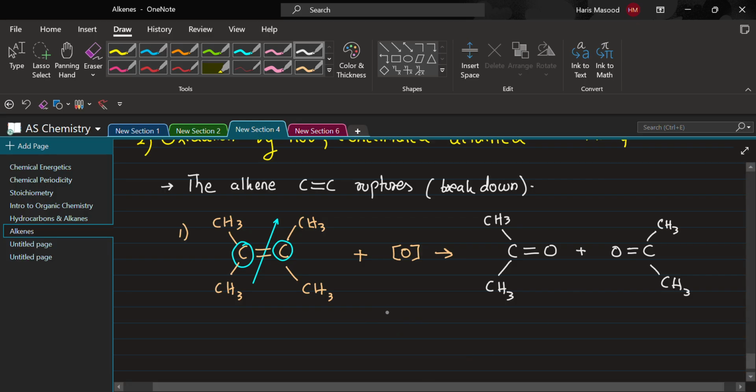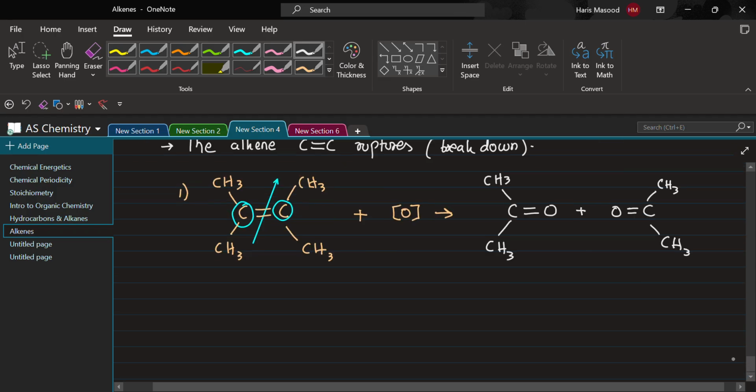Both are ketones. Okay, I'll just give you a concept of aldehydes and ketones here. Aldehydes are the ones that have a carbon double bond O, and then a hydrogen is always there at the end.